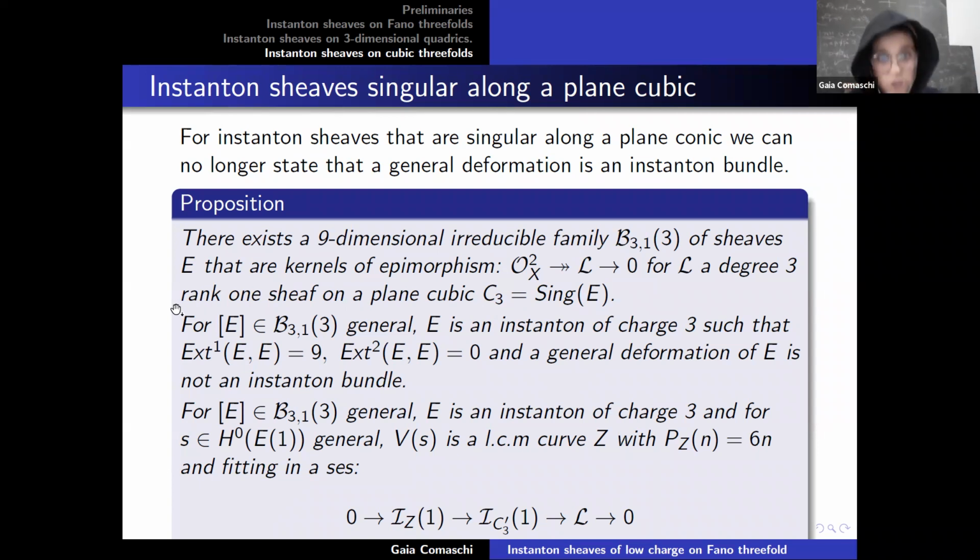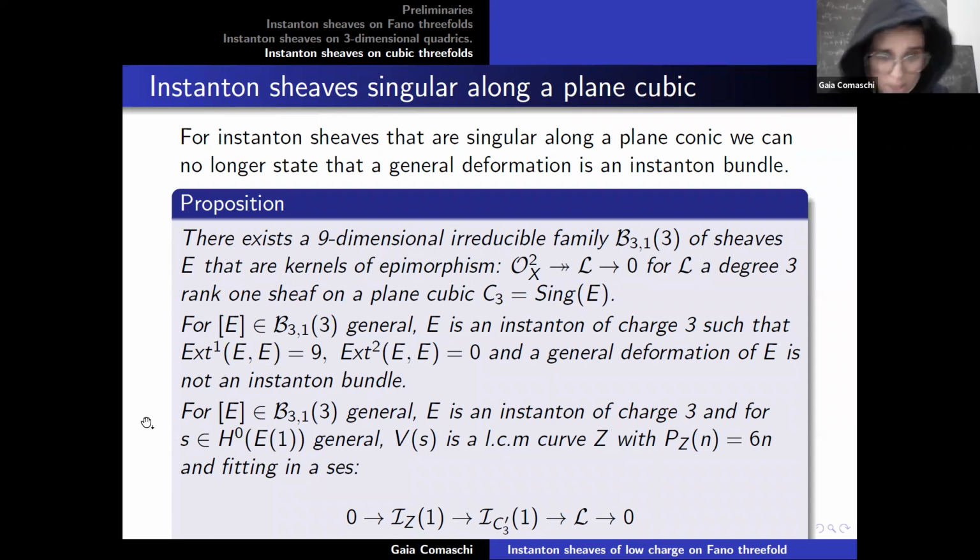So for a general point, we have an instanton sheaf of charge 3 for which the local dimension of the moduli space is 9, we don't have obstruction, and a general deformation is not an instanton, because here we are already filling all the available dimension, because our family has dimension 9.